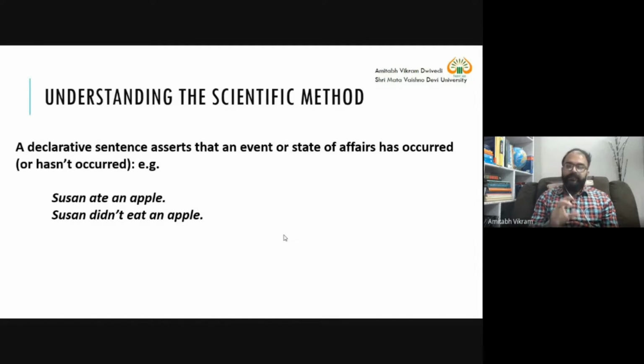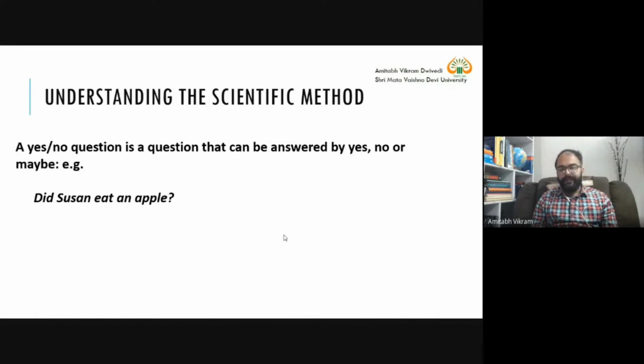That is to say, a declarative sentence can be a positive sentence or a negative sentence. A yes-no type question is a question that can be answered by yes, no, or maybe. Fine, so these three options are there. You have either an option of saying yes, or an option of saying no, or you have another third option, that is maybe.